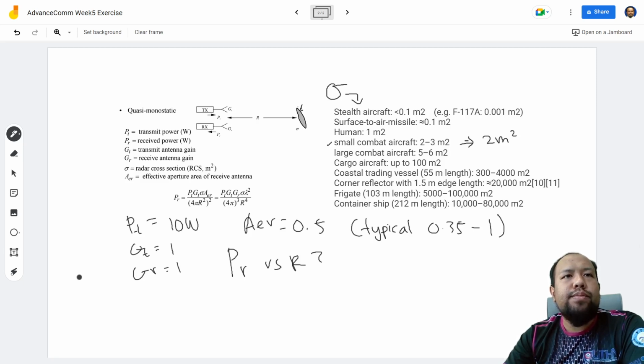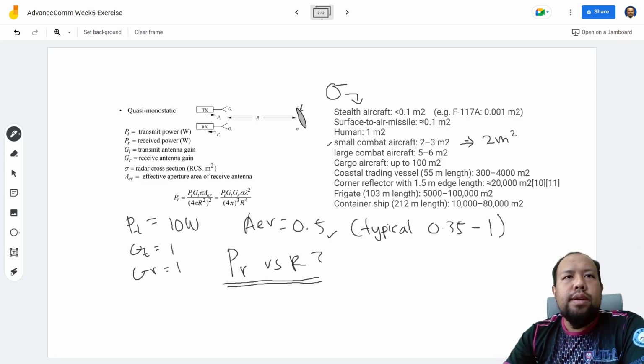Assuming these values, and AER is given as 0.5, how do we find the relationship between receive power and the range? If we can get this equation, then for any value of receive power that we get, we can know the distance between the radar and the object. So we can try this out.